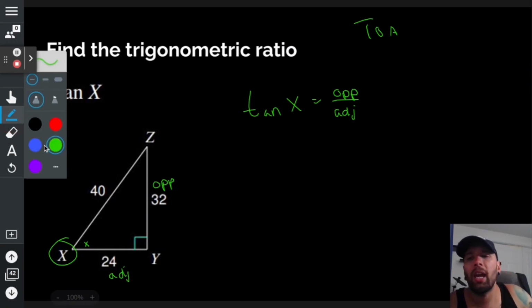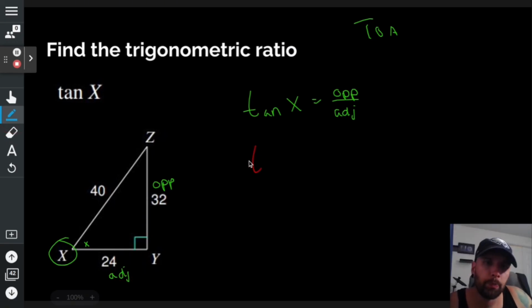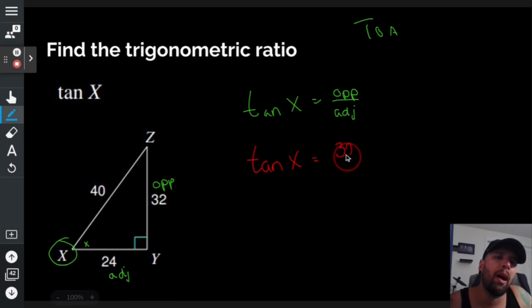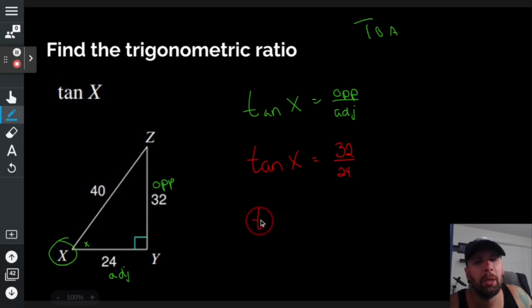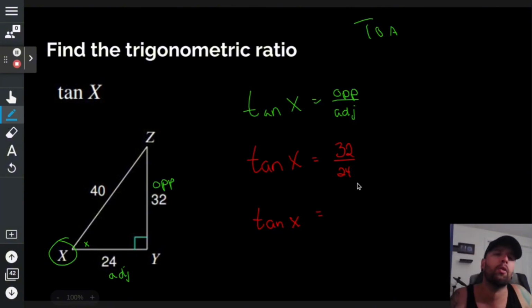So tangent of x is going to equal my opposite side, which is 32, over my adjacent side, which is 24. And depending how picky you want to be, I can go one step further. I'm going to keep it as a fraction because it says ratio in the directions. If you divide both of those by 8, you get 4/3.